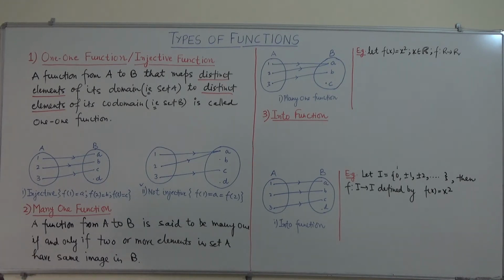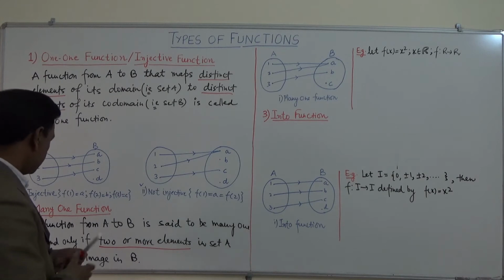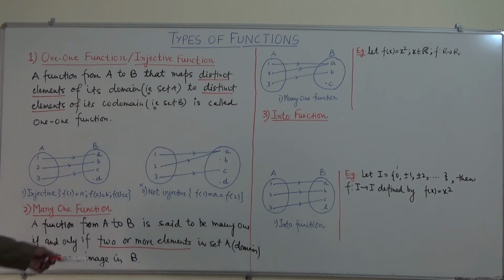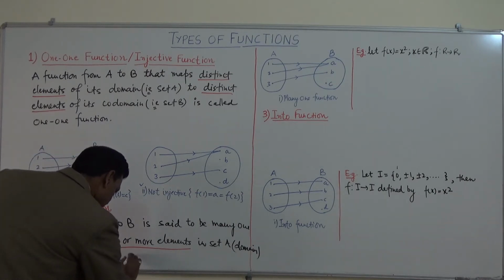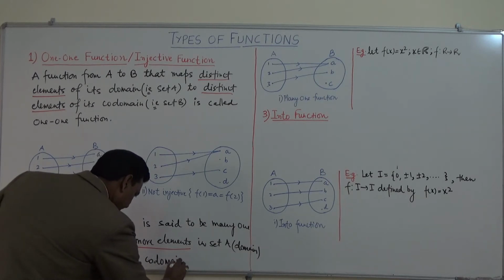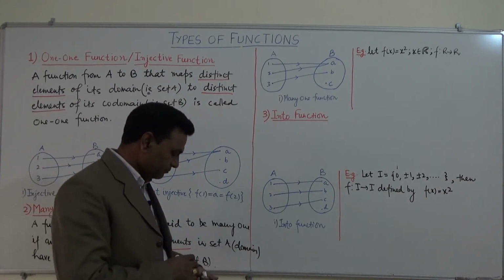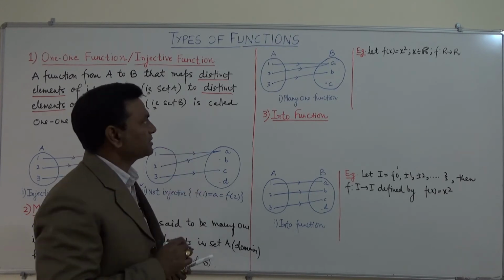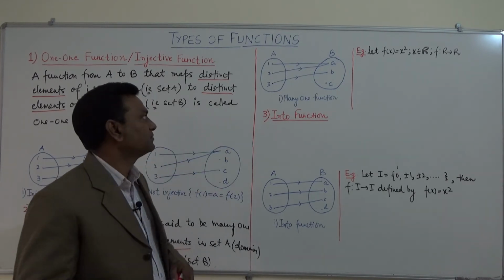So the important property is that two or more elements of its domain, that is set A, have the same image in its codomain, that is set B. So this is the many-one function. Diagrammatically, these are the two sets A and B. Set A again has three elements 1, 2 and 3.